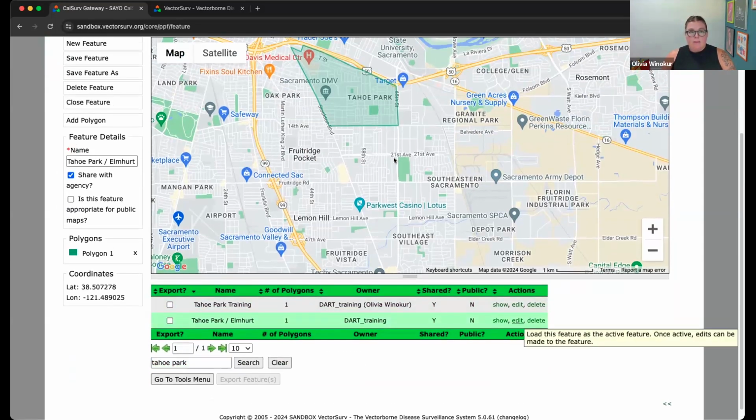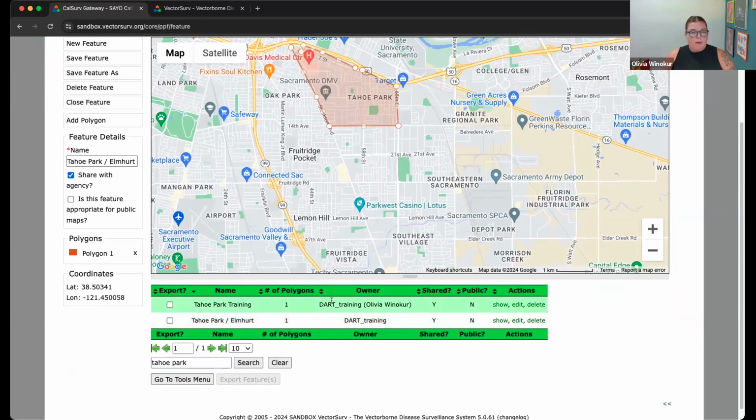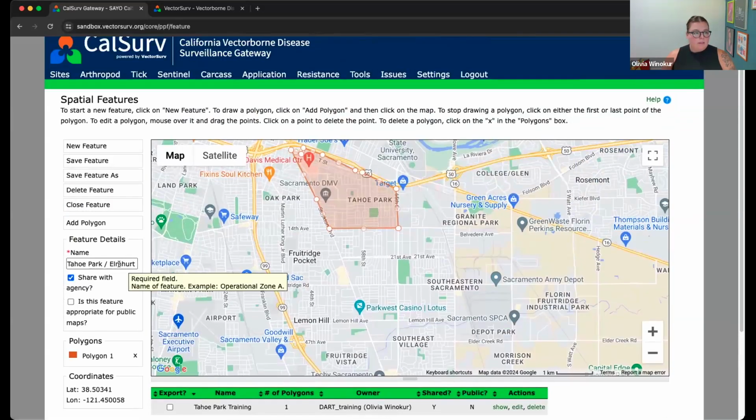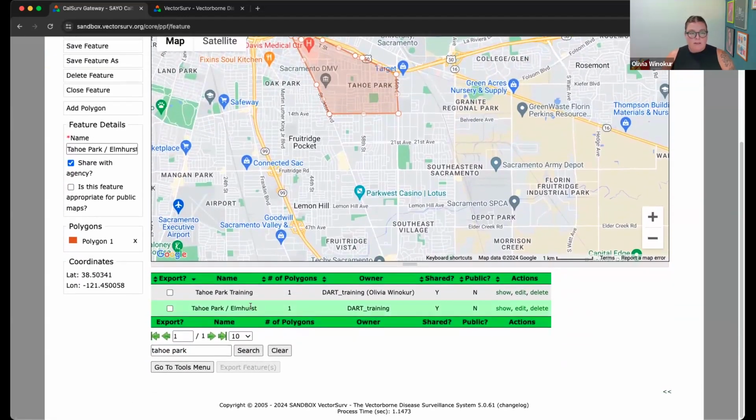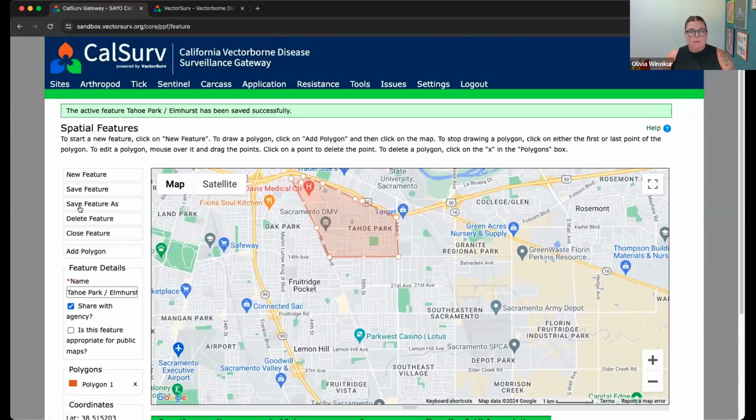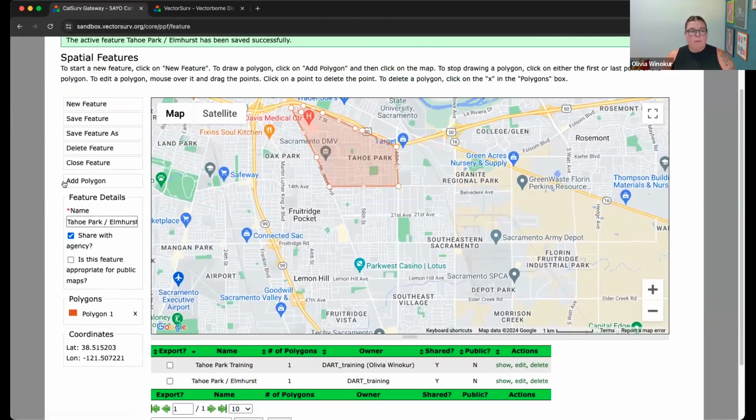I can edit this if I would like to, and change the name to Elmhurst. Save. There we go. We edited the name. So that's how we create spatial features by drawing polygons.